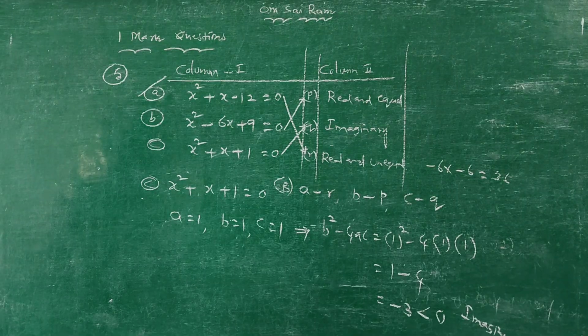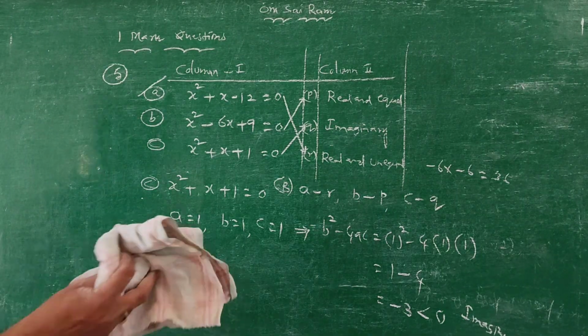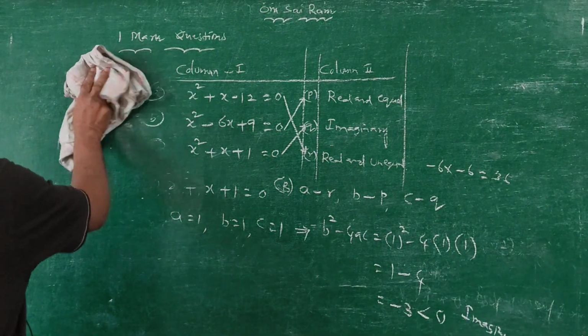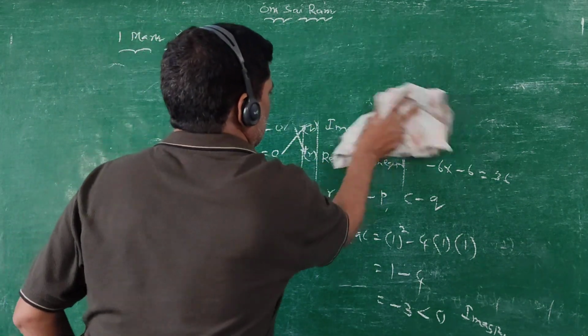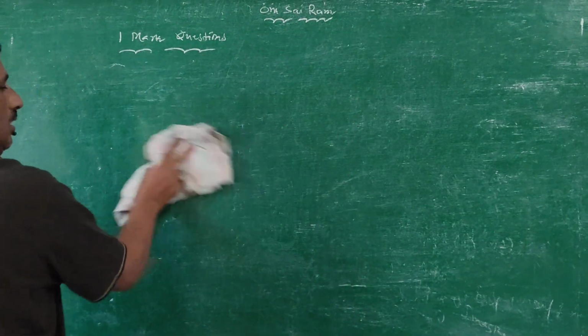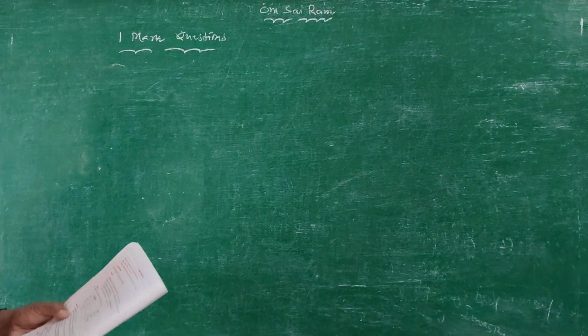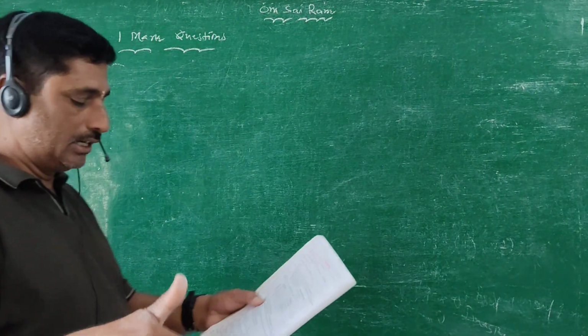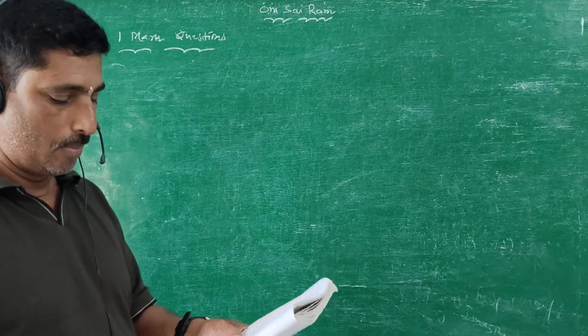Then next, another model, the sixth question. In the sixth question, they give the assertion and the reason.